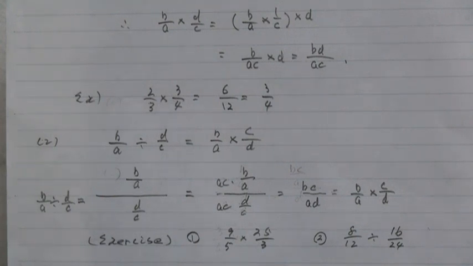And because B over A divided by D over C, this is, AC multiplied, AC times it is equal.